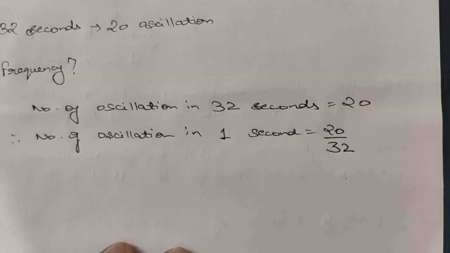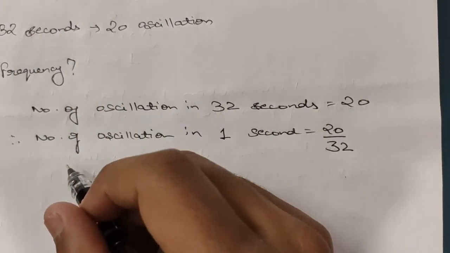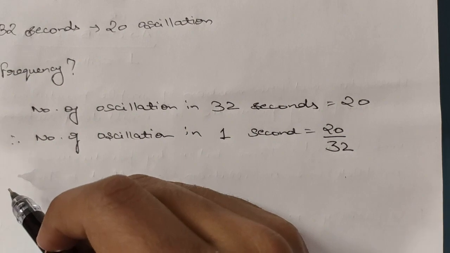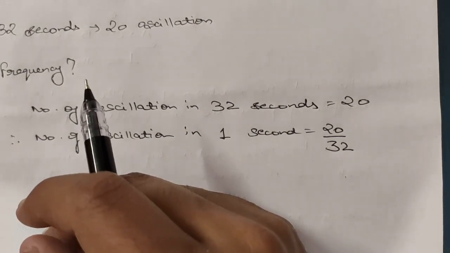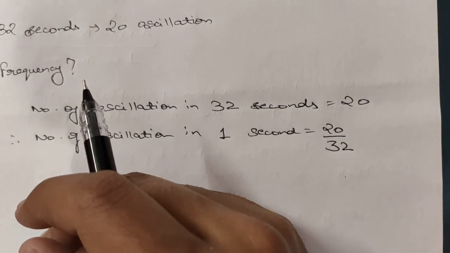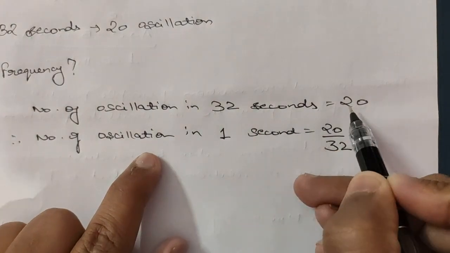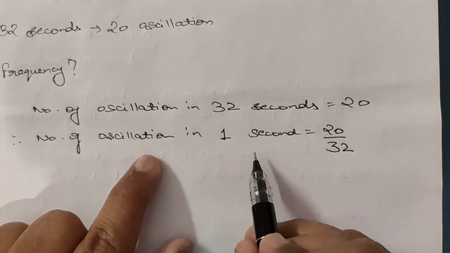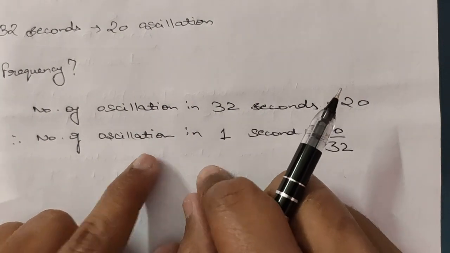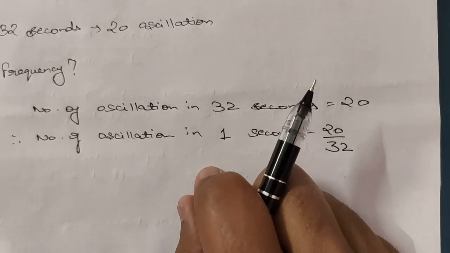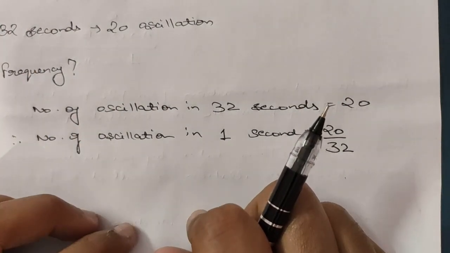Now say for a similar question, 32 seconds, 20 oscillations, it is asking for the frequency. Time period was the time taken to complete one oscillation, and the definition of frequency is the number of oscillations in 1 second. So now we can say if the number of oscillations in 32 seconds is 20, then the number of oscillations in 1 second is 20 divided by 32. So both are the same, but the process is just opposite. For time period it was 32 divided by 20, and here it is 20 divided by 32.